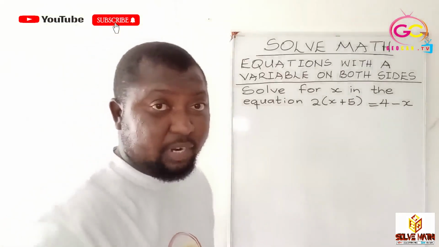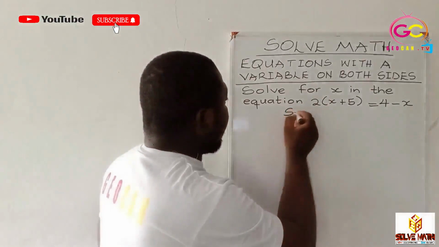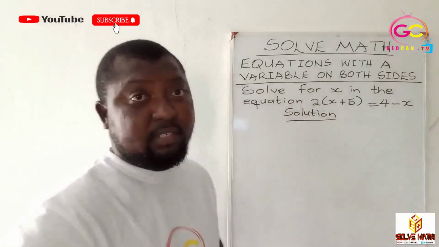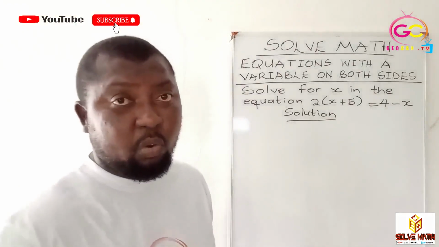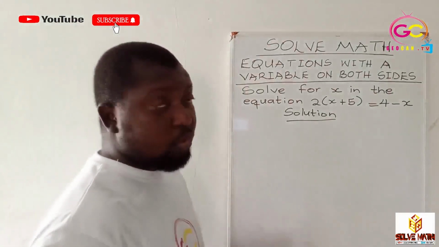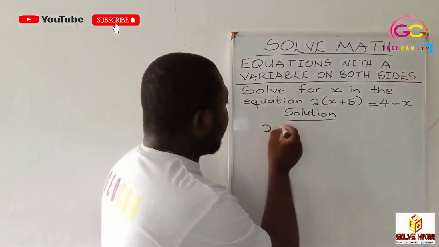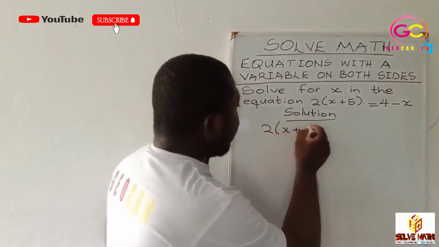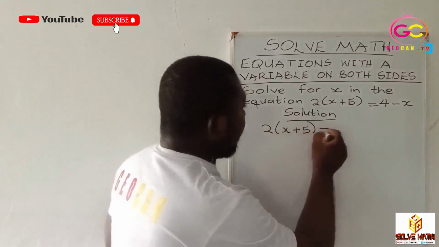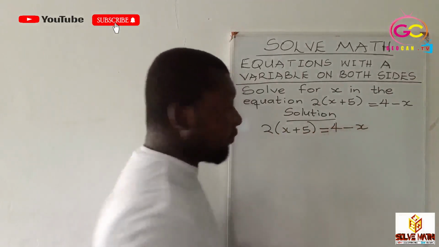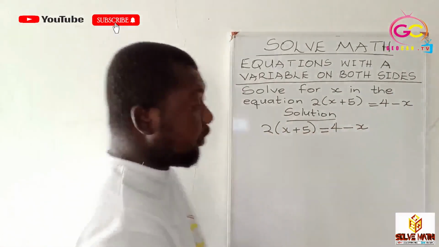First and foremost, let's write our solution. As I always say, solution is simply how you solve the question. So we have to write the question again. So we have 2 into bracket x plus 5 bracket close is equal to 4 minus x. What do we have to do?